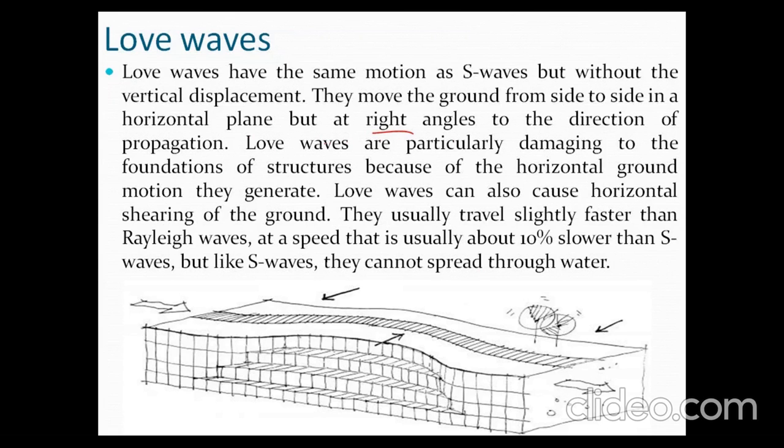Coming to the speed, they will be a little faster than Rayleigh waves, but 10% slower than seismic waves. Hence seismic waves are the fastest waves, generated below the earth, and Love waves cannot spread through water because they can move in only one direction. In water, to move, a wave should have both directions.